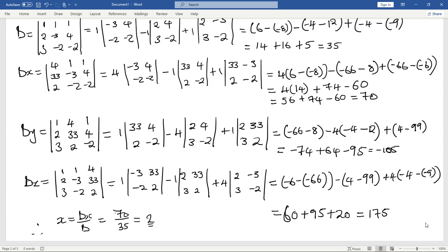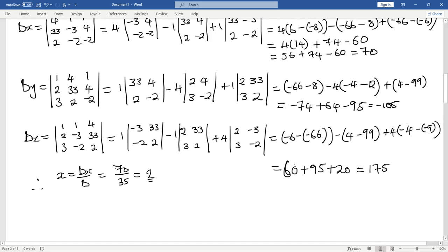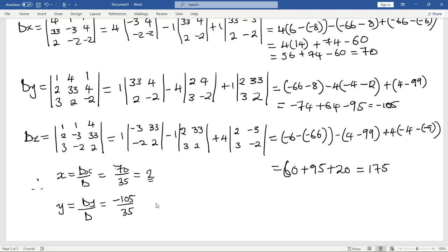Then we do the same thing for y. Y, I said it's dy divided by d here. So for y, we got negative 105 divided by 35. So when you divide that, simply get negative 3 here.